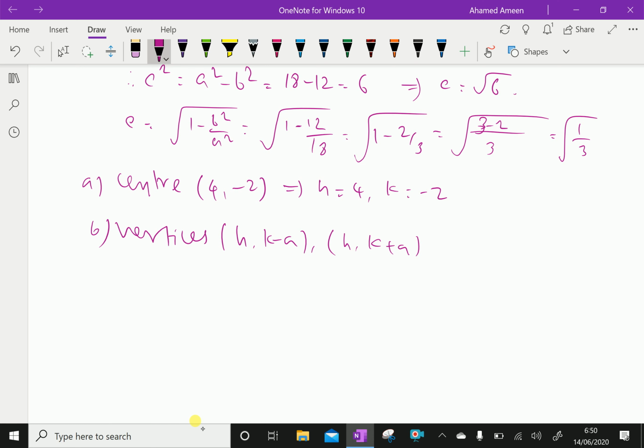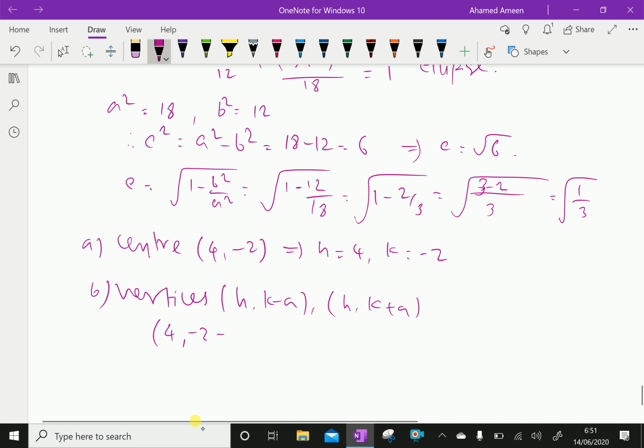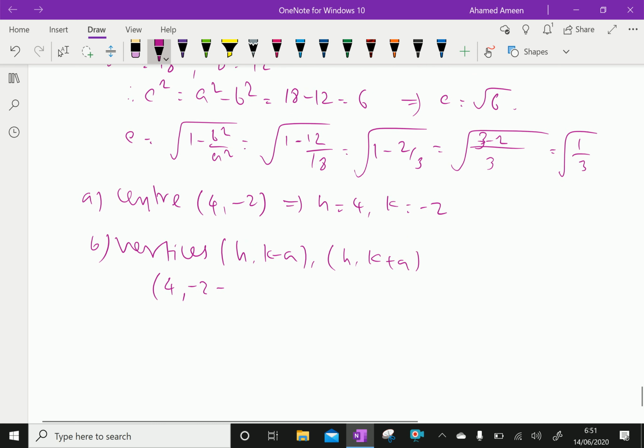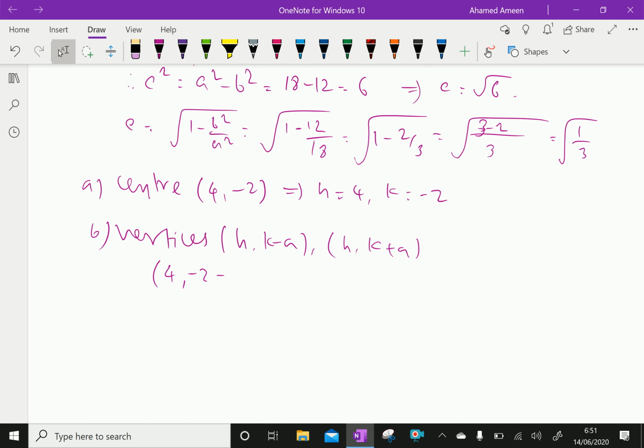Now here h is 4 and k is minus 2, and a is 3 root 2, because a square is 18, so the root of a becomes 3 root 2.